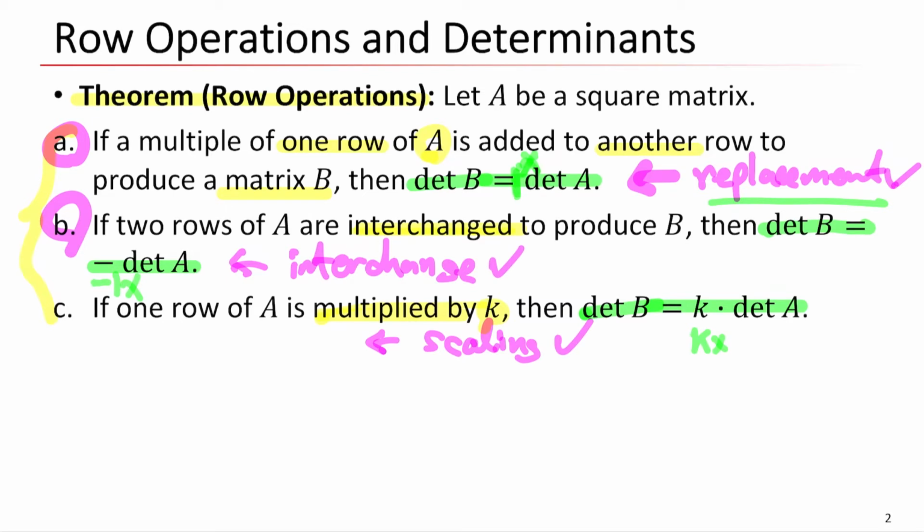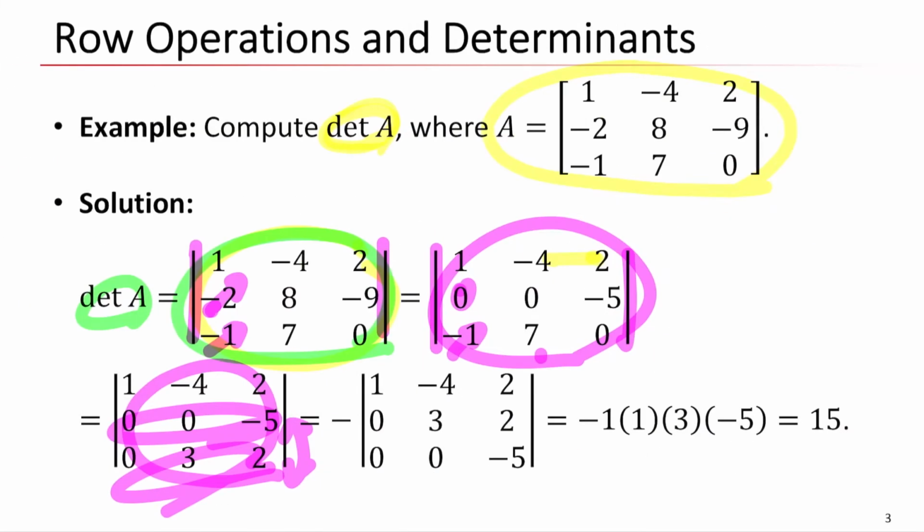By using the interchange operation, we have to consider the -1 on the previous determinant, right? So the final one is the negative determinant of this echelon form. Okay, now we have the triangular matrix, right? Then what is the determinant of this triangular matrix?